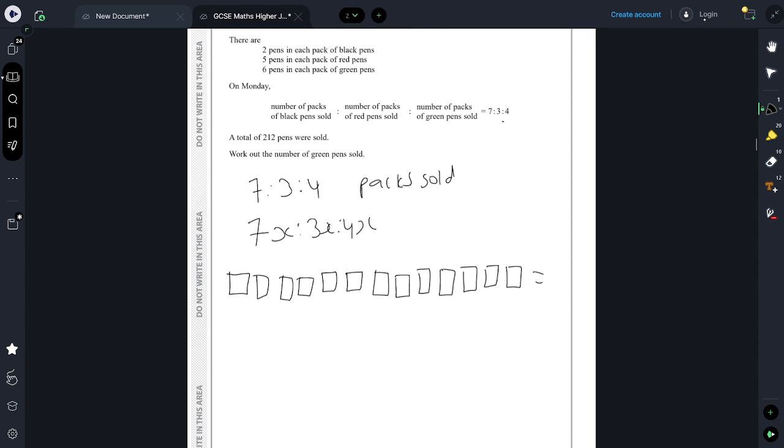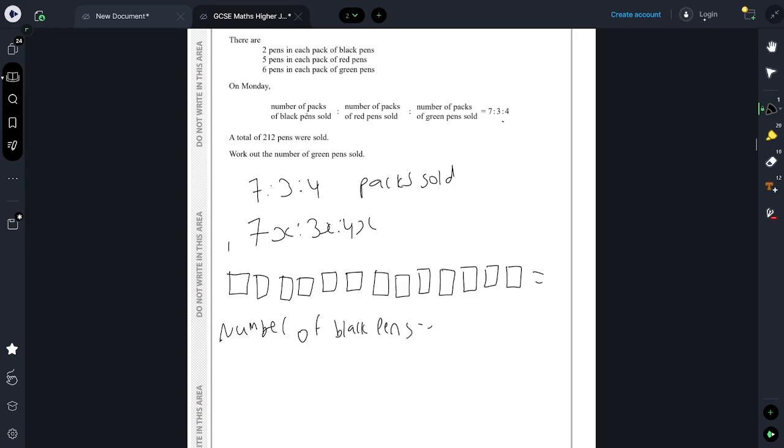So then we want to find the total amount of packs or pens or whatever. Okay. So we want to find the total amount of pens because that's what we're given here. But this tells how many packs of black pens are sold. So if we want to find the number of black pens, not the packs of black pens, because remember this is in packs, we want just the number of black pens individually.